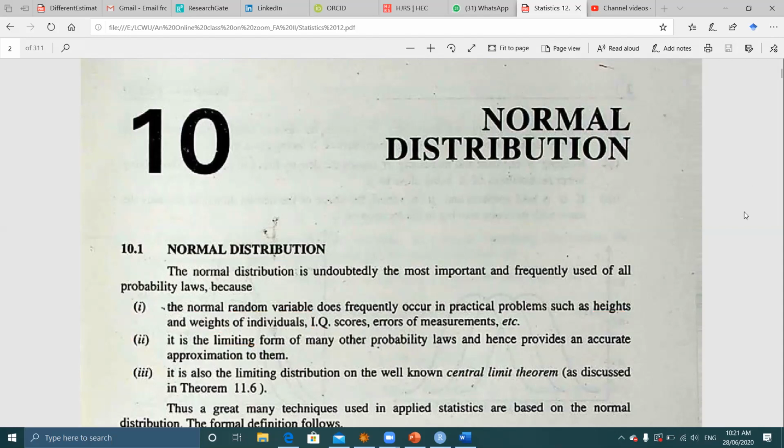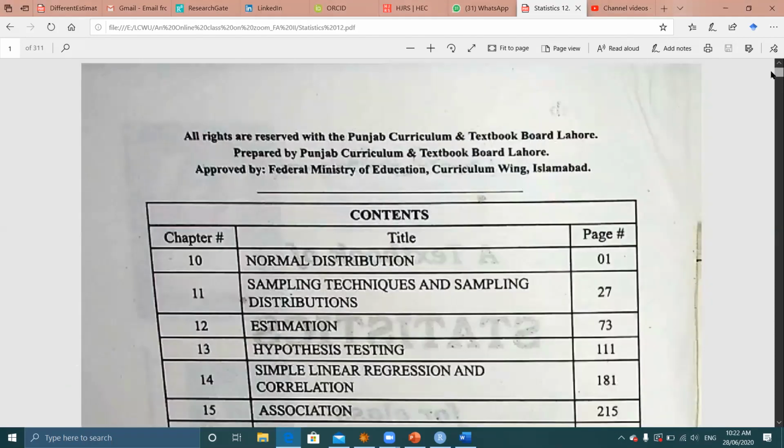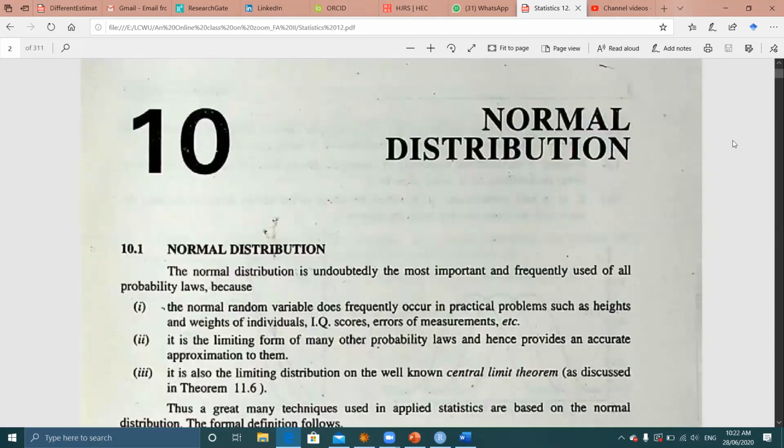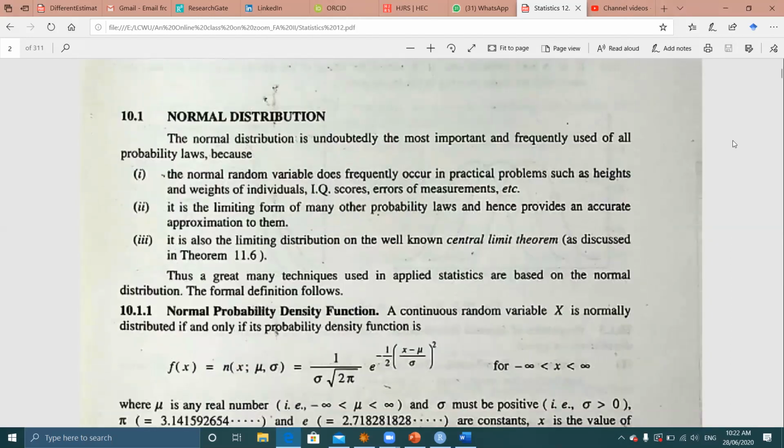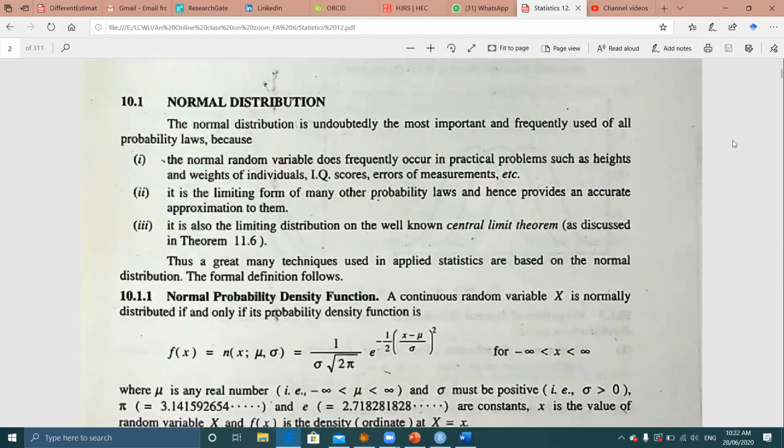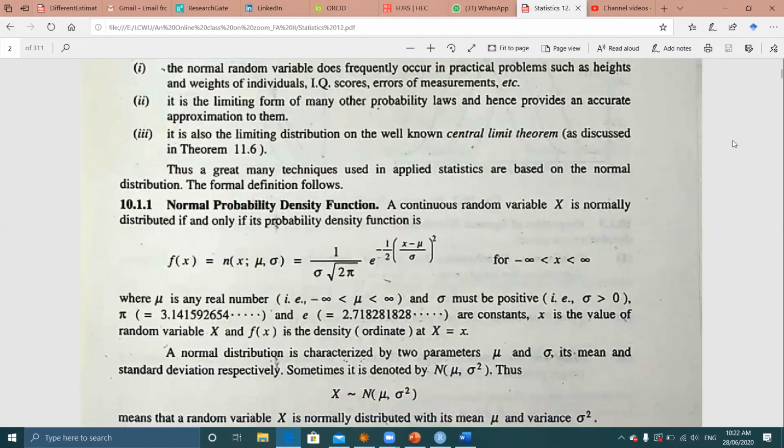And the next point which is mentioned here is the normal probability distribution, in which this is your density function. I mentioned to you in the presentation that f(x) is equal to this one.